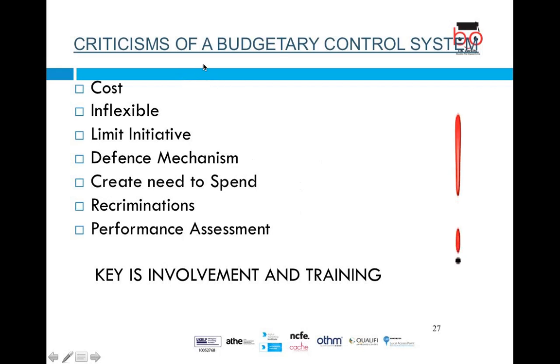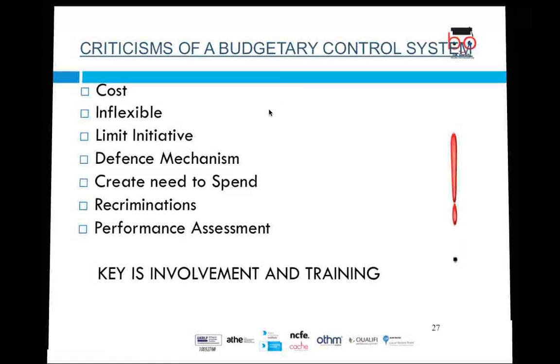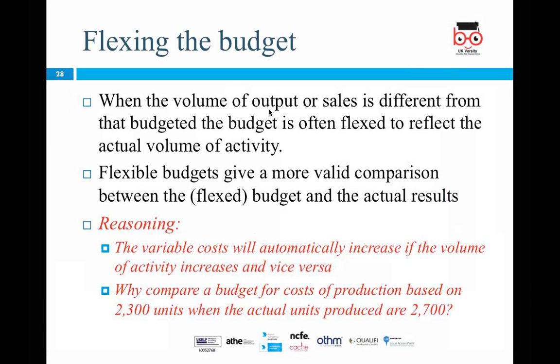So the more you train, the more you understand, the more you practice, they can control the budget well, and then they can make a procedure for a good control system in the budget. So now, if you go for the flexible budget, we talked about the fixed budget, and then we compare the fixed budget with the actual budget.